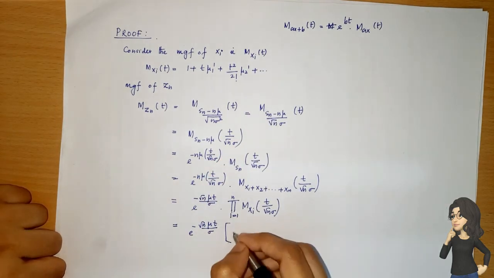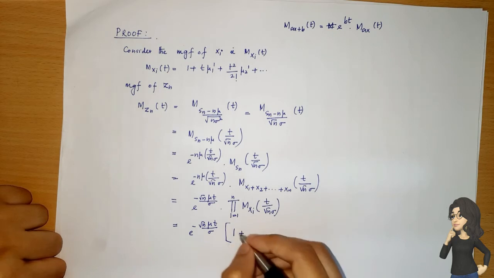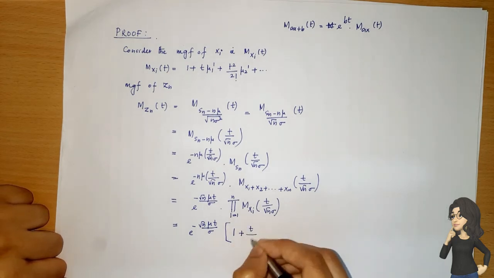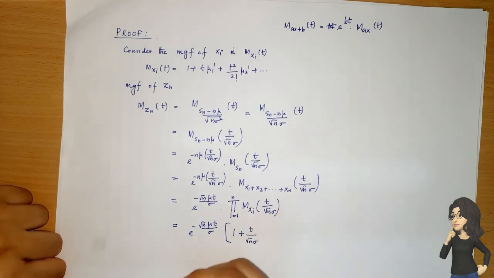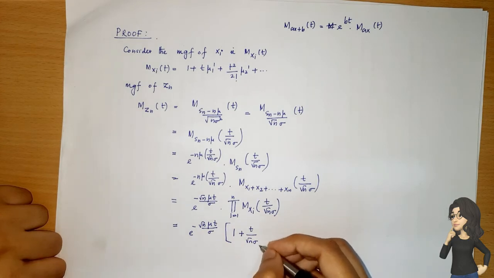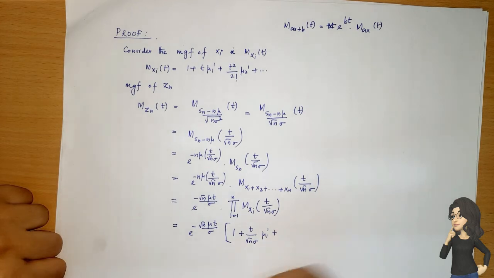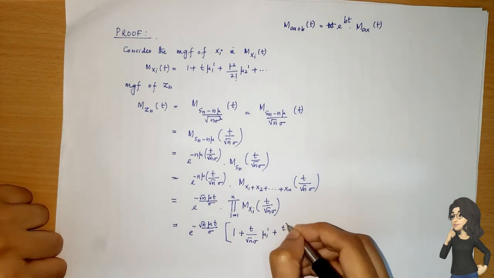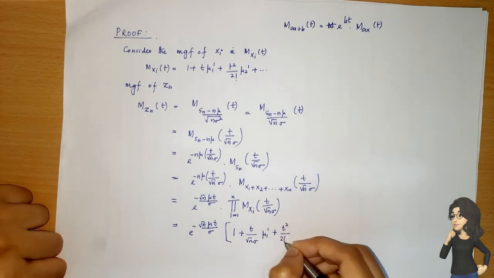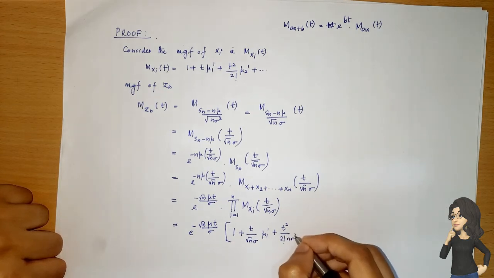This is 1 plus t by root n sigma, instead of t we are going to write t by root n sigma, mu 1 dash plus t square by 2 factorial into n sigma square, isn't it?